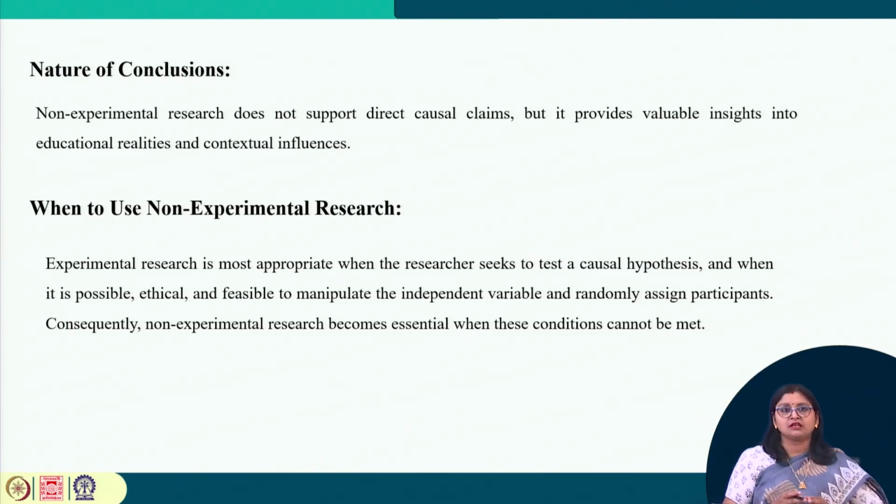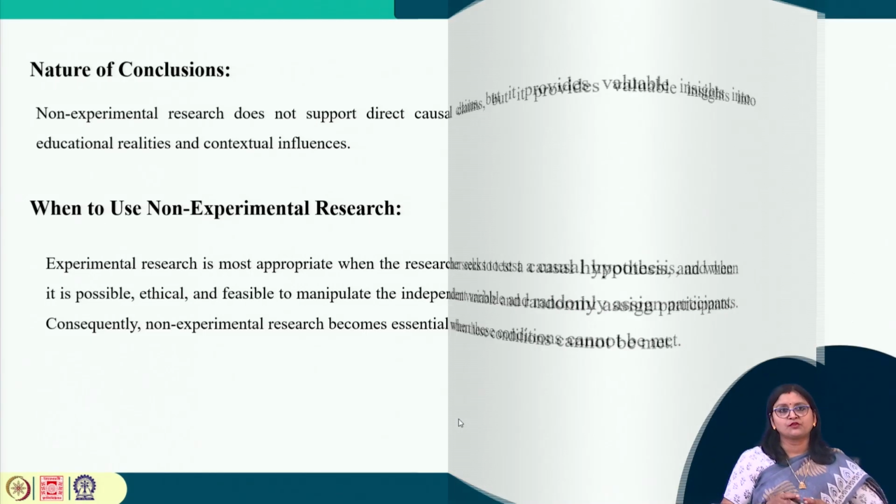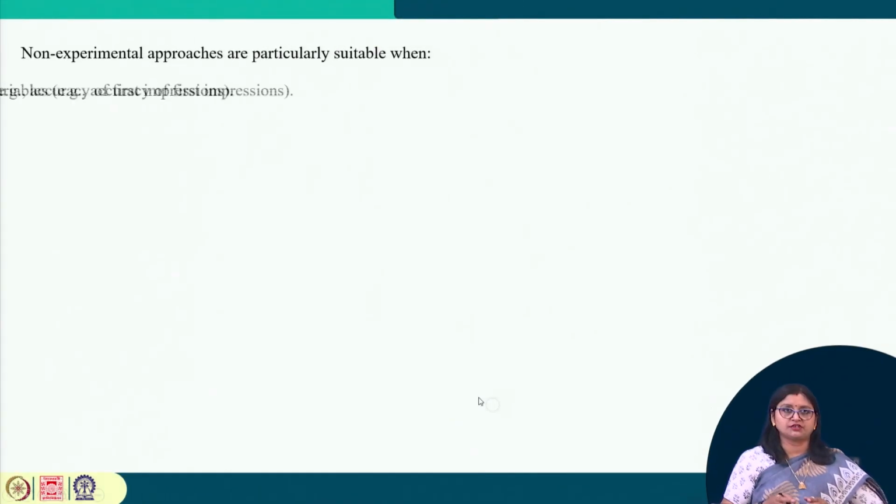But non-experimental research becomes essential when these conditions cannot be met. It means if you are not able to manipulate the independent variable, or it is not ethically possible or feasible to do so, then go for non-experimental research.